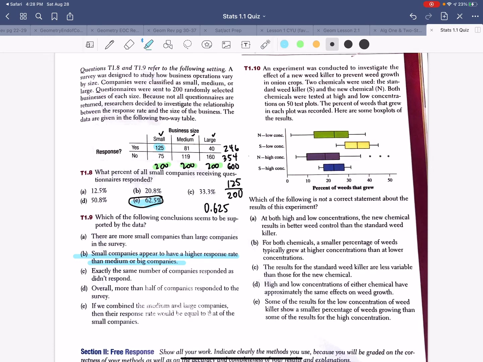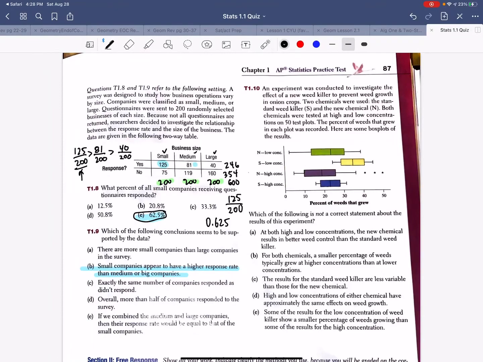So I actually know that 62% of small, I could turn this into a percent to compare. So we did 125 over 200. If it was different amounts, we would do this and this. I know that this number is greater than these other two numbers. So I'm definitely going to pick B.